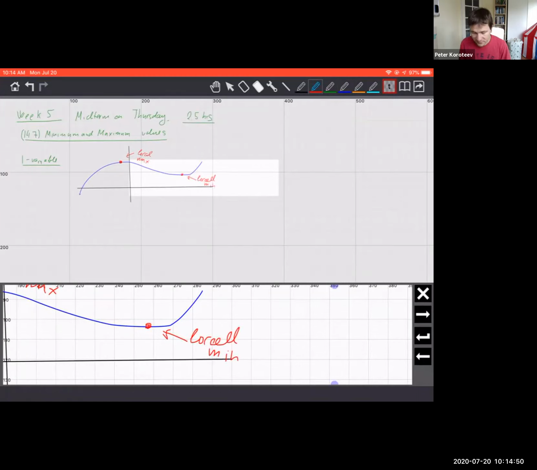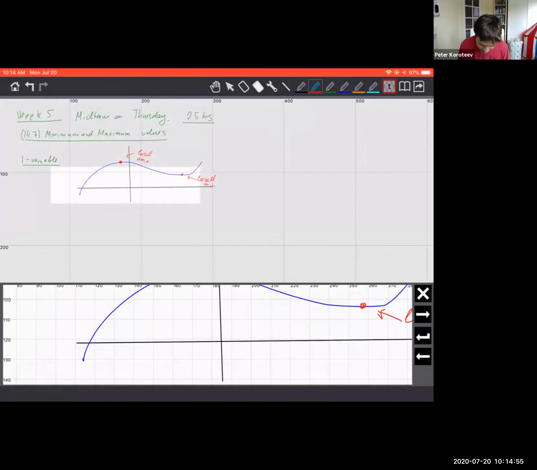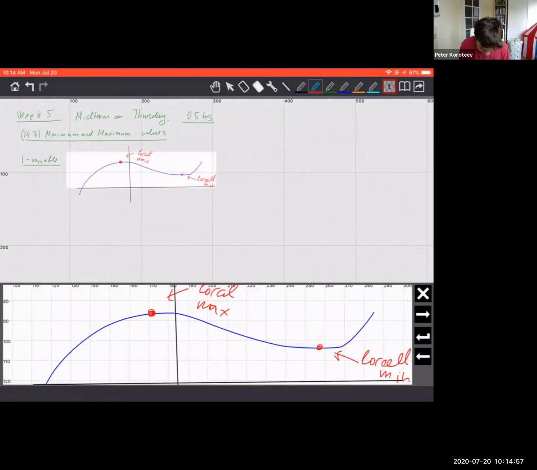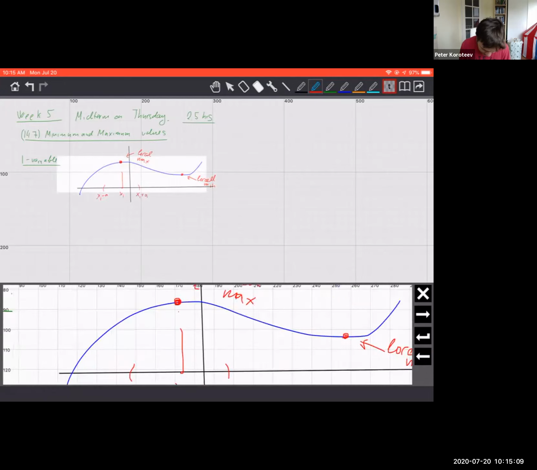And how do we define those terms? Well, we look at the neighborhood of those points. So that's the point x1, and then we take a small neighborhood, say x1 minus a, x1 plus a, and then we compare values of the function at every point in this neighborhood against this one.